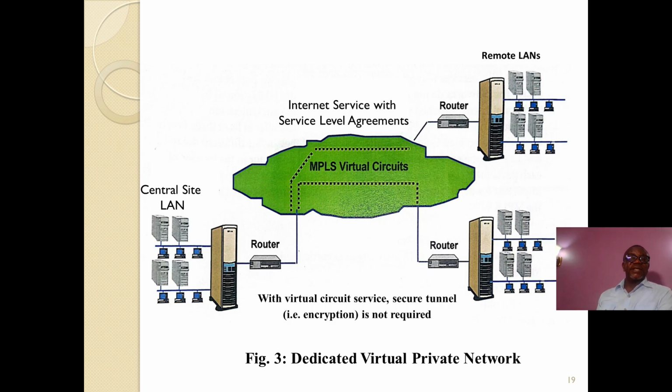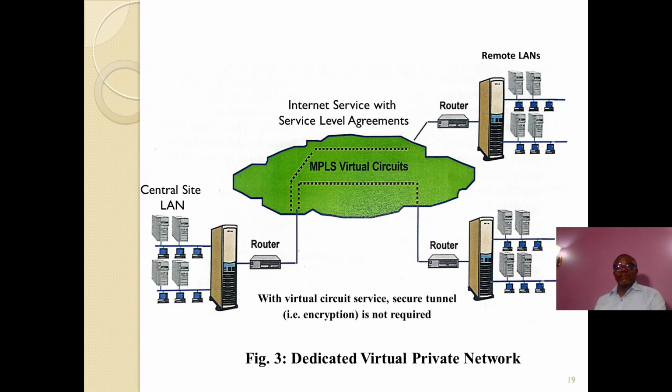If you look at the left side, just like we have in Fig 2, the central site local area network, that could be your corporate LAN. Now, you look at the green cloud, which we call the Internet services with service level agreement inside. Then, to the right, you have different remote local area networks.